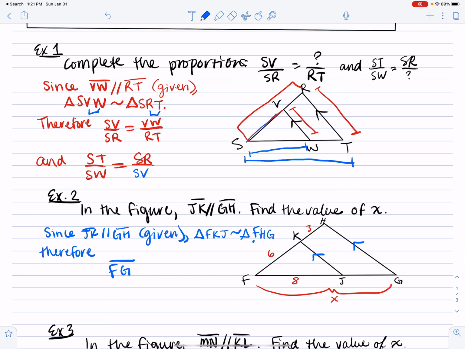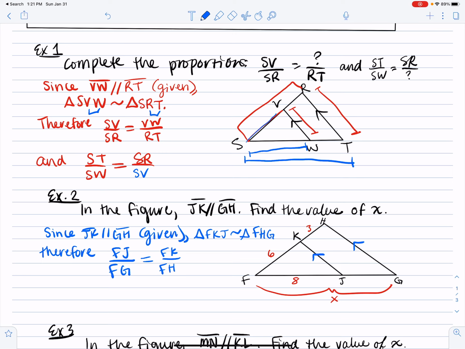So FG corresponds to FJ. I'm going to put FJ up here, which is equal to, and then we've got to pick another set of sides where the numbers are given so it can finish out our proportion. That's going to be FK on the top and FH on the bottom. And we picked those sides because those numbers are given.